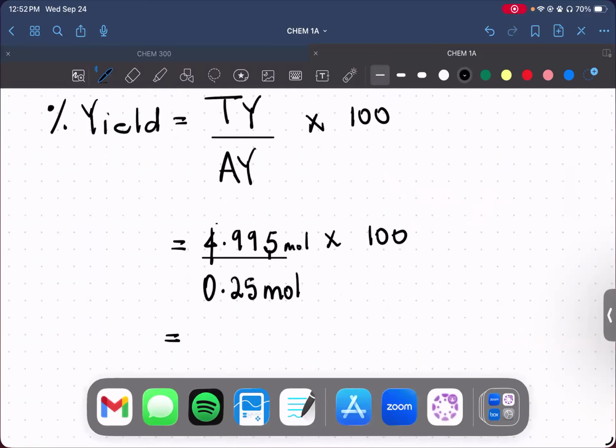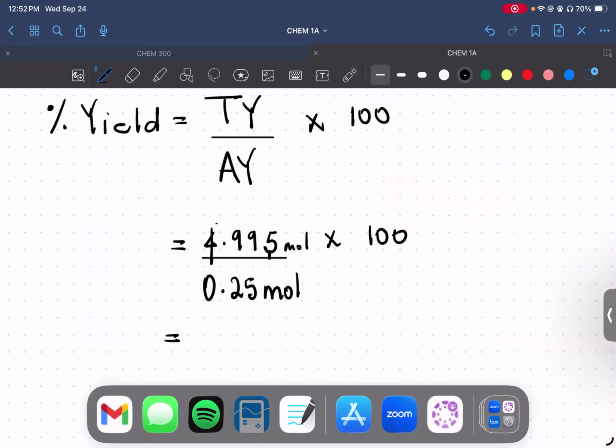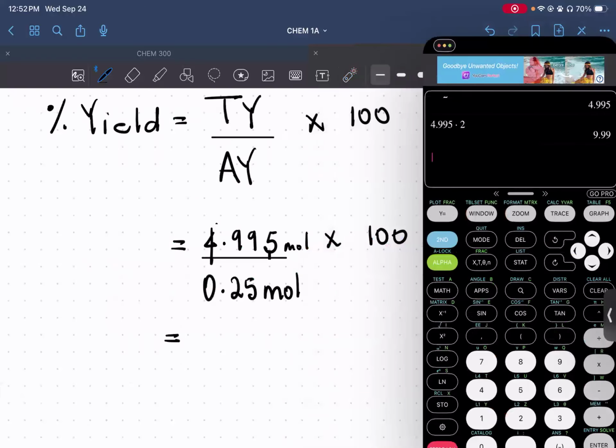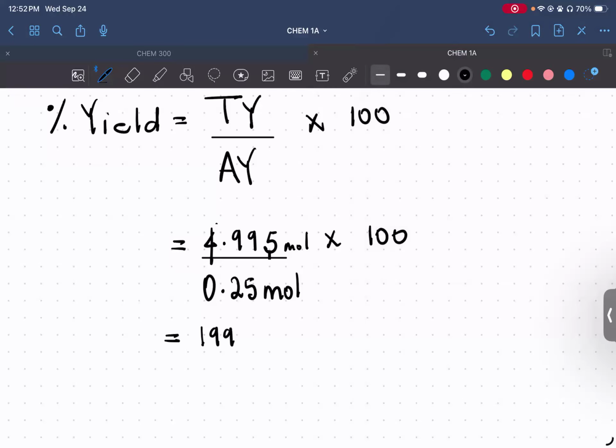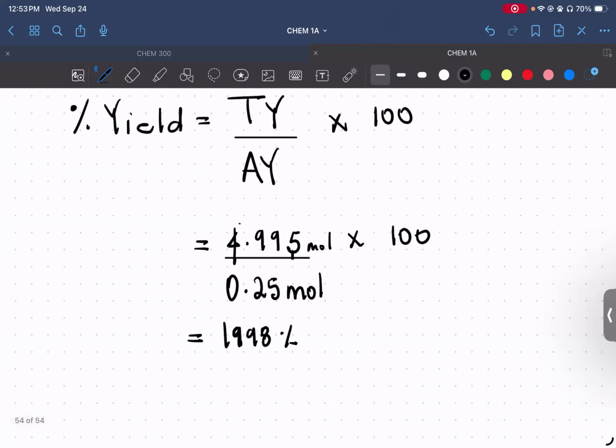We put this into our calculator. 4.995 divided by 0.25 times 100 gives us an almost 2,000% yield. Does this mean you are wrong? No.